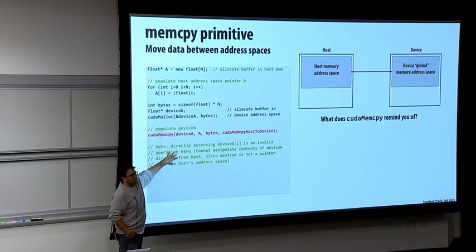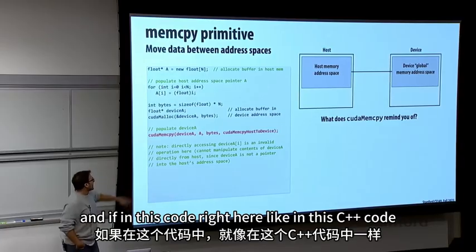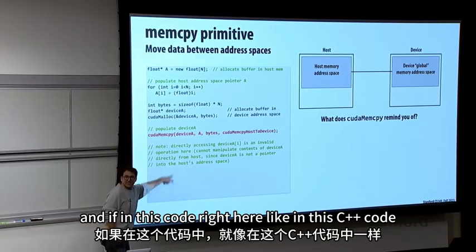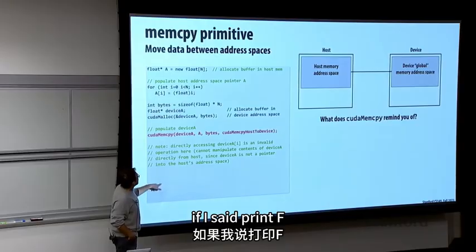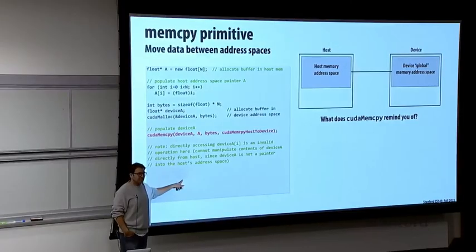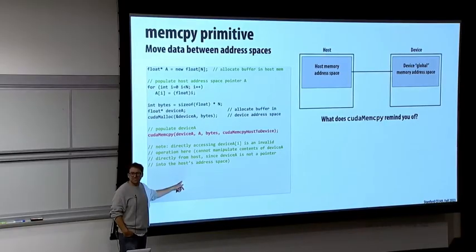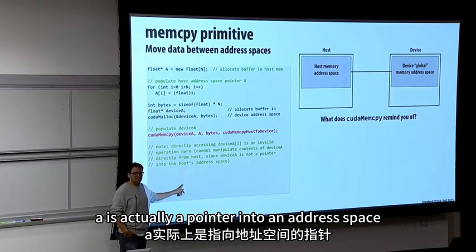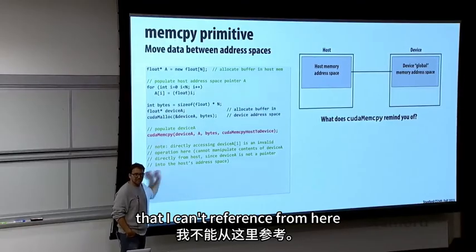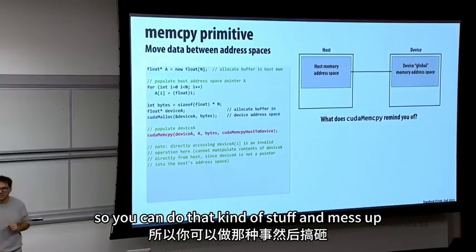Like all the CUDA computations. Correct. And if in this C++ code right here, I said printf device A sub 0, convince yourself that that should segfault. Because device A is actually a pointer into an address space that I can't reference from here. Right? This is low-level C code, so you can do that kind of stuff and mess up.